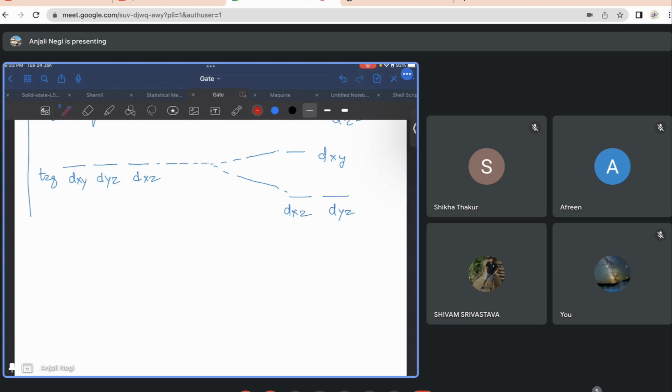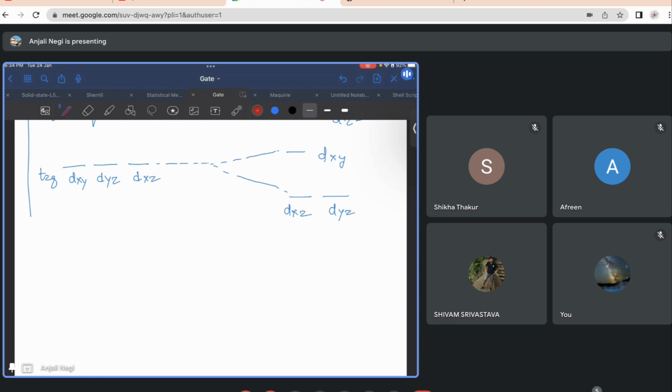We can see this type of elongation example in copper 2 plus fluoride. So you can search for it. Basically you see there is an octahedral elongation for the copper fluoride complex.